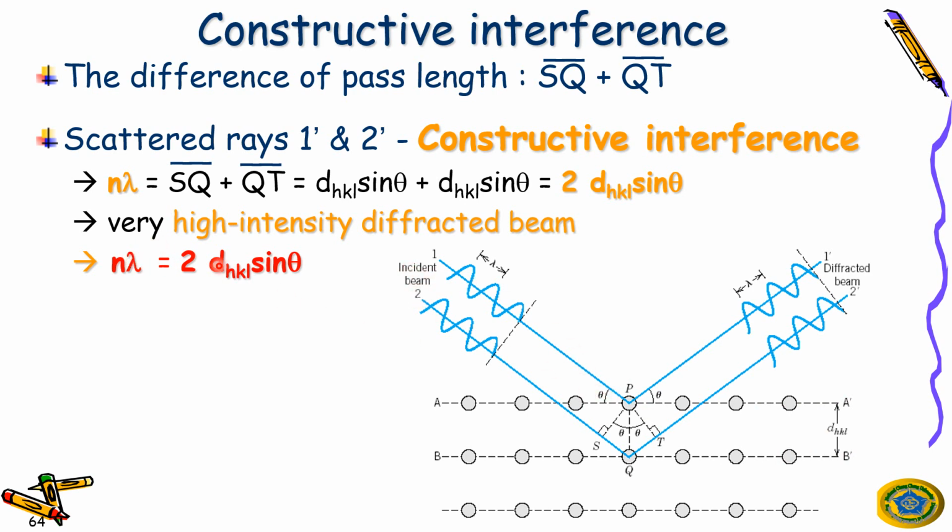So there are three pieces of information. If you have two of these three, you can find the other one, right?